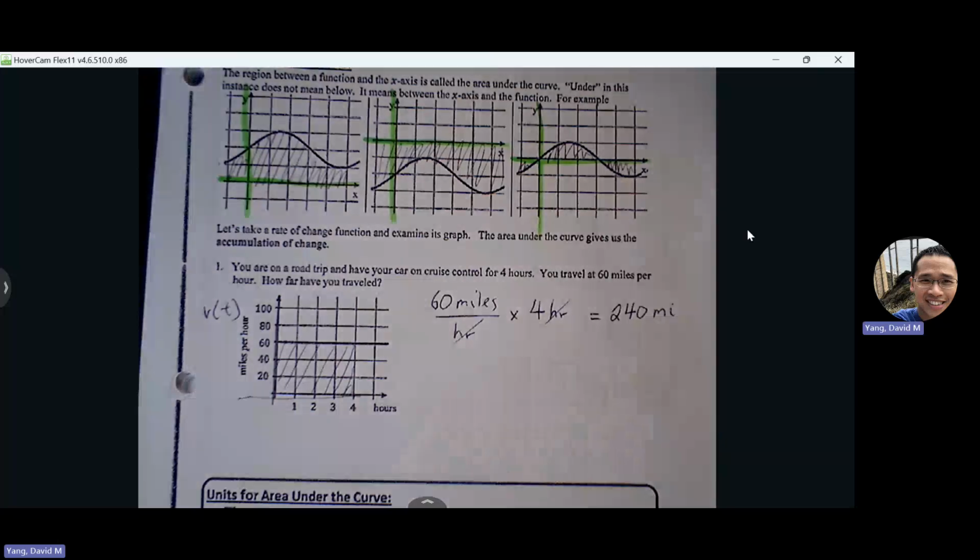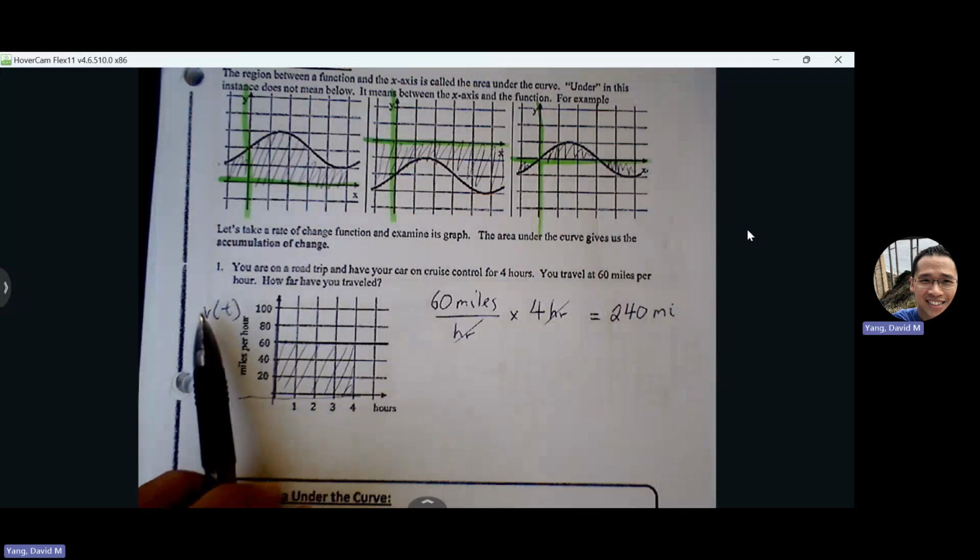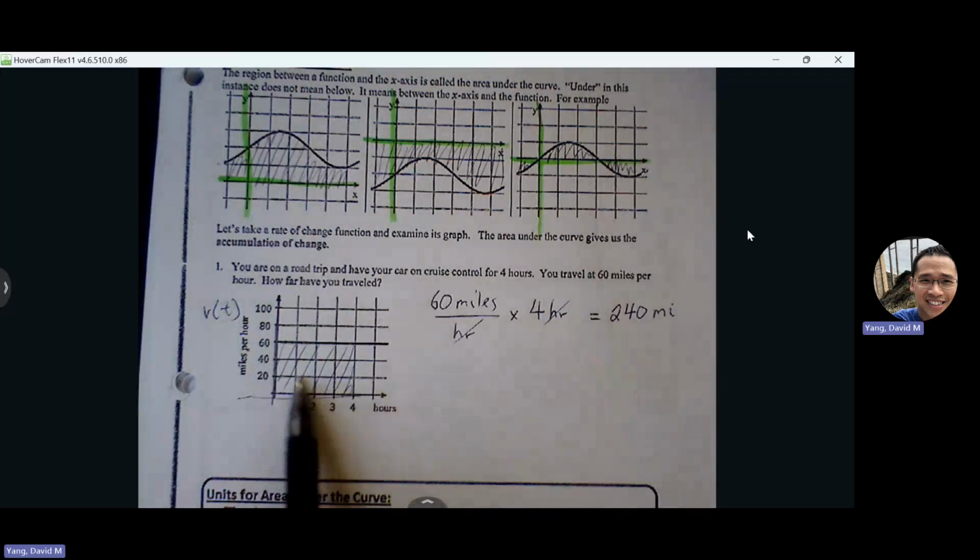Right? So if we want to take the antiderivative, let's say we want to go from velocity back up to position, we're going to be involving area. Okay? If we want to get from position to velocity, we're doing slope. And so we see that undoing process here. If we undo our derivative, we're using area to get up to that original function.